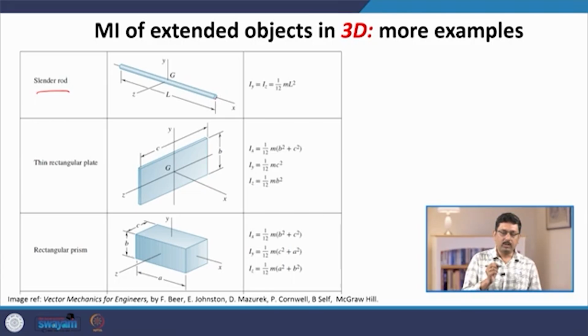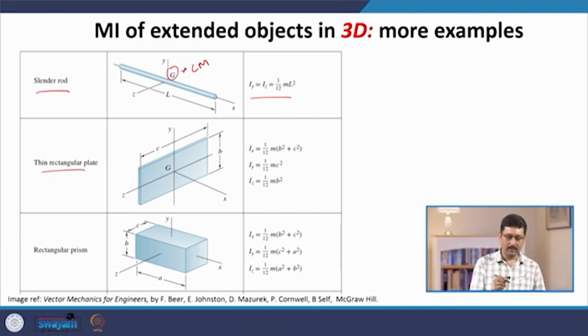Let us say G represents the center of mass of the rod, which is the middle point, and we consider a reference frame x, y and z as shown in this figure, passing through the center of mass. In this particular frame, the moment of inertia about the y axis and about the z axis is 1 by 12 m l square.